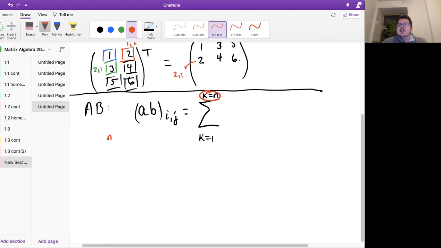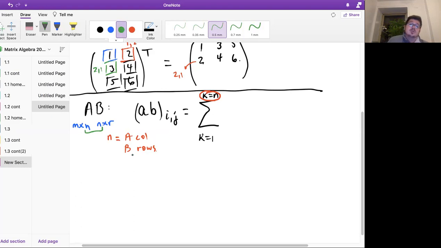What specifically is n in terms of the matrices A, B? A column and B row. Right, so remember that the only way you can multiply two matrices is if the inner dimensions, if you write it out that way, are the same.